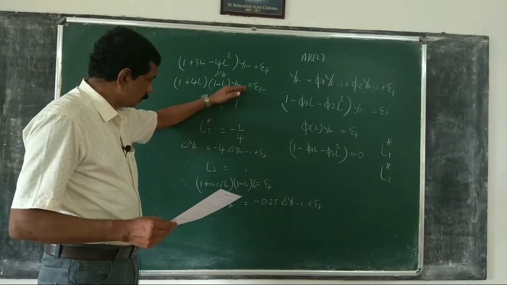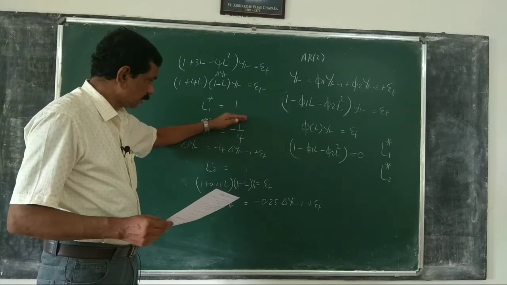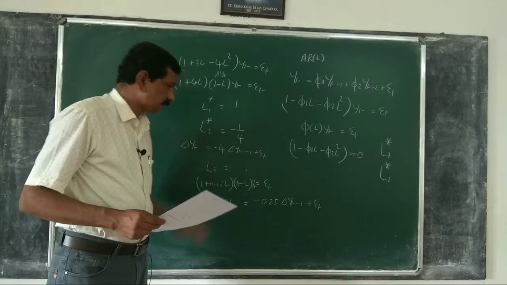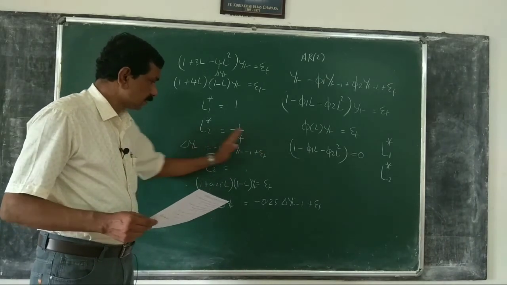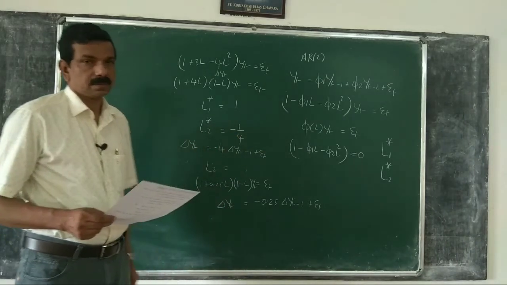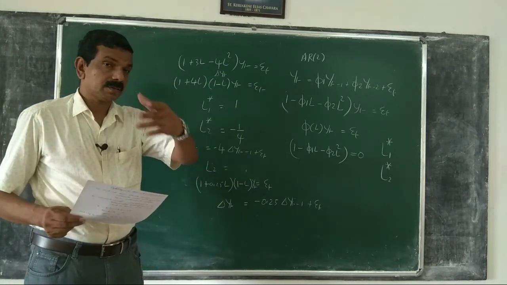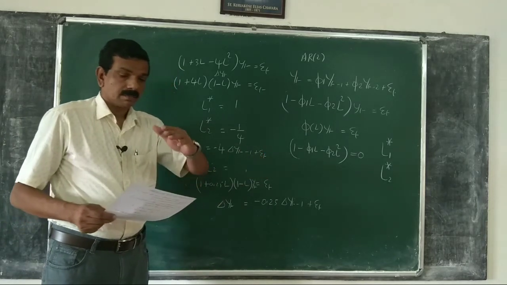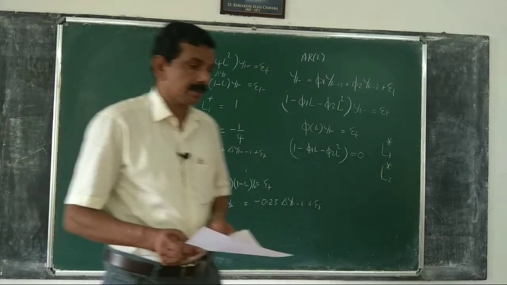The second root has modulus less than 1, minus 1 by 4. So the first difference is again non-stationary. That means you have to difference the series 2 times to make it stationary. First difference is not stationary; you have to make it stationary by differencing 2 times. This we have discussed earlier.